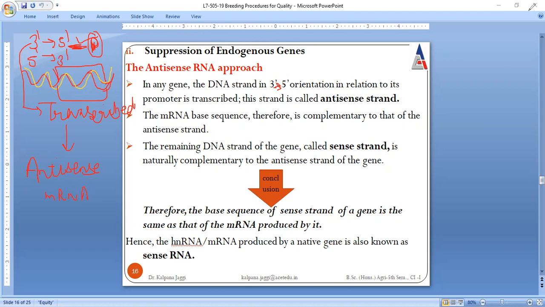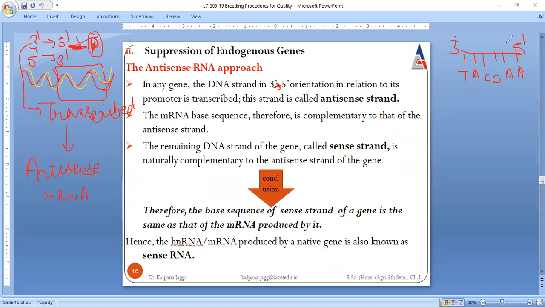If I recognize the red one as the 3' to 5' strand in relation to its promoter, and say the sequence of this 3' to 5' strand is T, A, C, then C, then A, then A, right?